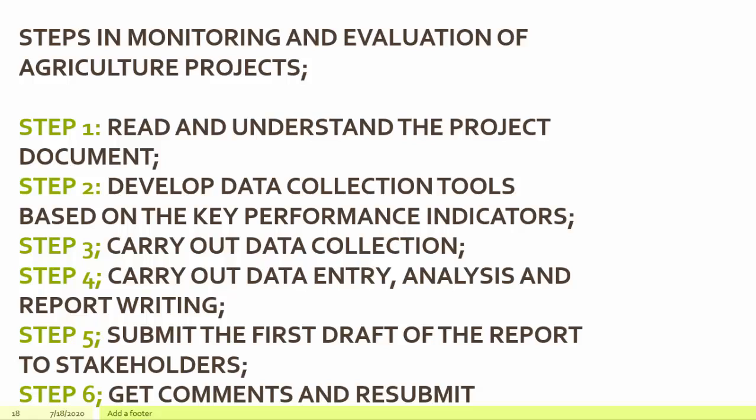Now, in every project document, guys, there is what is known as the logical framework matrix. If you don't have time to read the project document, you can simply go to the section that outlines the logical framework matrix. In that matrix, it will list all the indicators that this project is going to be measuring.